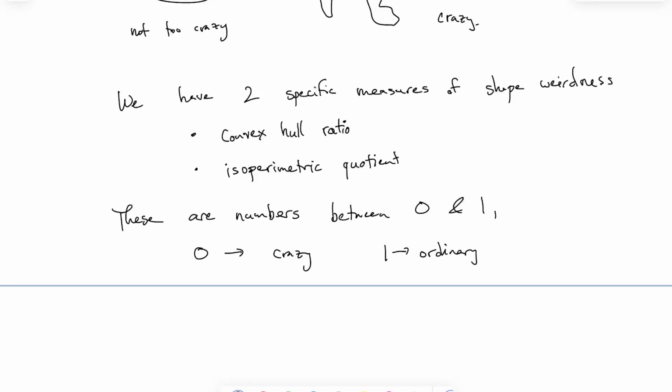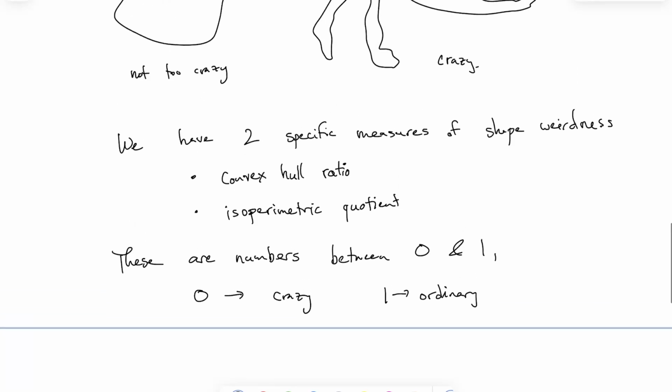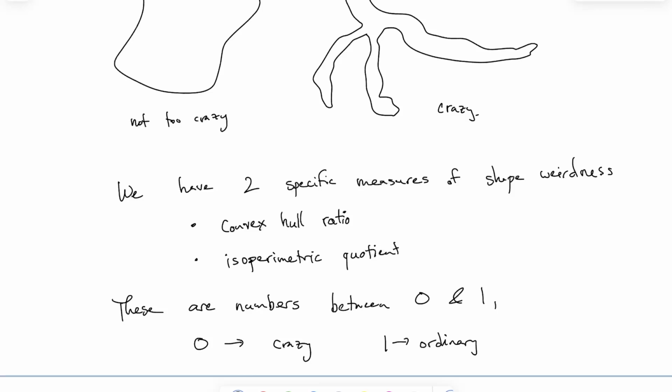These are very convenient ways that you do something or other to the shape to calculate this number. And if you get a number close to 0, that's bad. It means the shape is crazy. And if you get a number close to 1, that means the shape is pretty good. All right. So today I want to talk about the first one, the convex hull ratio.